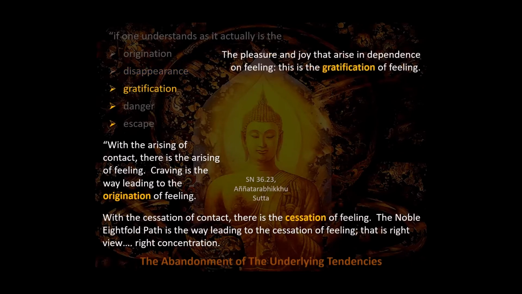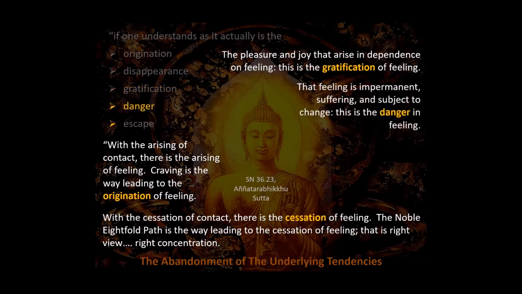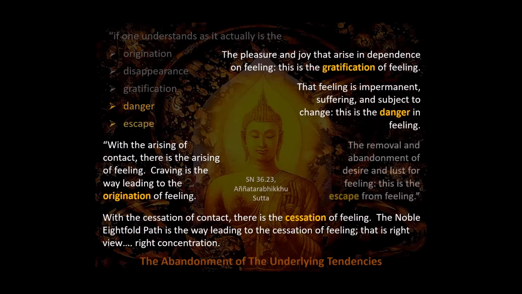The pleasure and joy that arise in dependence on feeling, this is the gratification of feeling. That feeling is impermanent, suffering, and subject to change. This is the danger in feeling. The removal and abandonment of desire and lust for feeling, this is the escape from feeling.